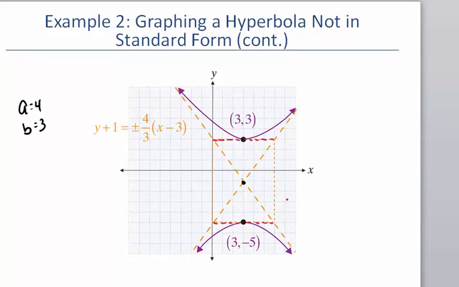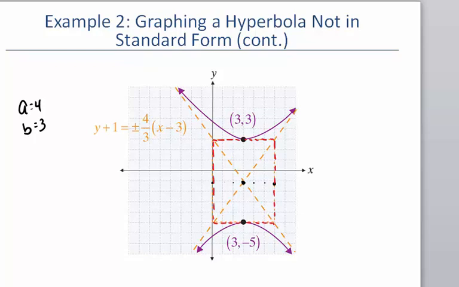We count across in both directions 3 from the center. So 1, 2, 3, and 1, 2, 3. We use those 2 points as the other side of our rectangle. And so I can then come down like this and form that rectangle. That rectangle is going to have a length of a going up and a going down, and a width of b going across in each direction.